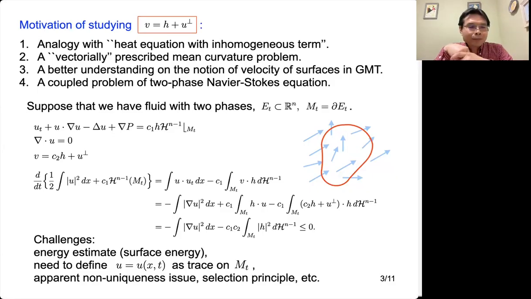And also, this problem unfortunately definitely has non-uniqueness, because suppose this vector field is, for example, let's say, Hölder continuous only, and suppose a sort of silly problem of this surface being flat.